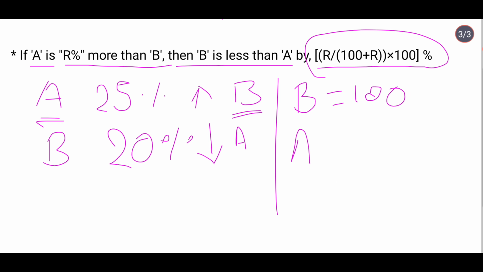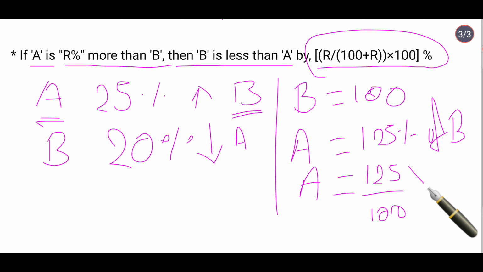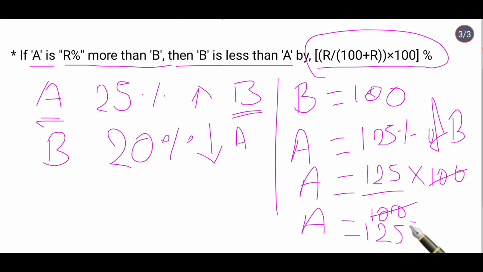Then A is 25% more than B, that is 125% of B. So A is equal to 125 divided by 100 into B value, which is 100. The 100 gets cancelled, so A value is 125.